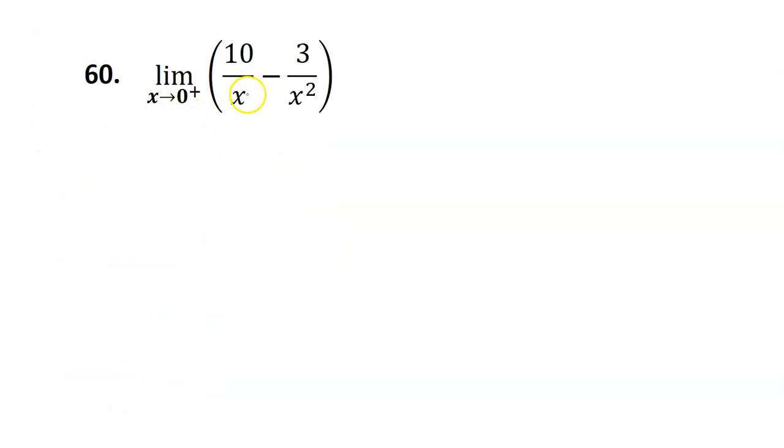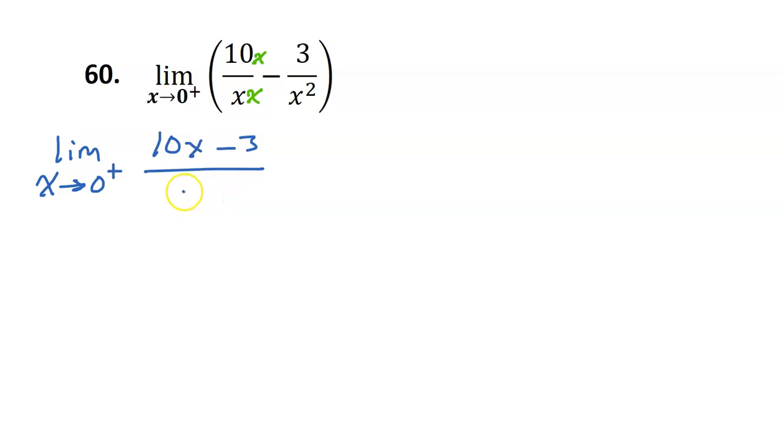Number 60, we can make like denominators by multiplying by x in the numerator and the denominator. So let's go ahead and combine these. So we have the limit as x approaches 0 from the right of 10x minus 3 over x squared.